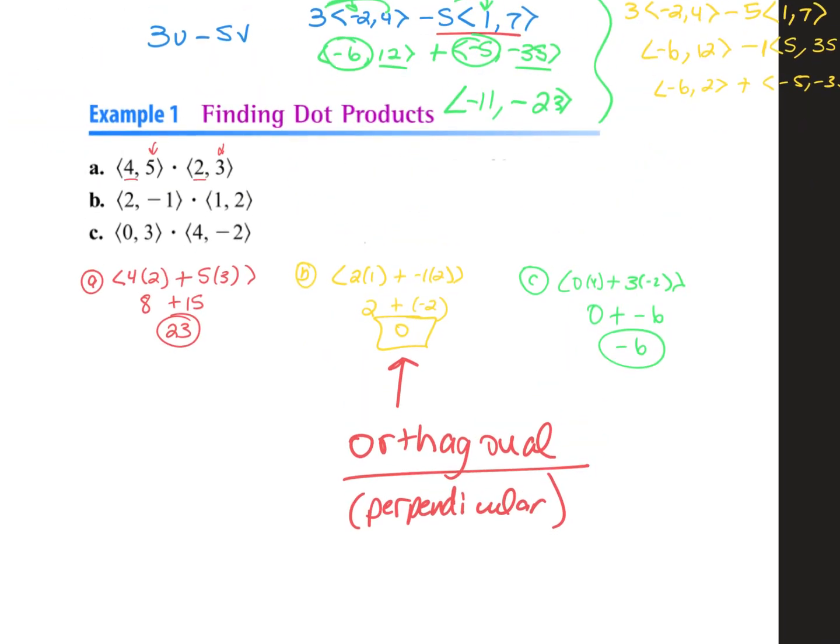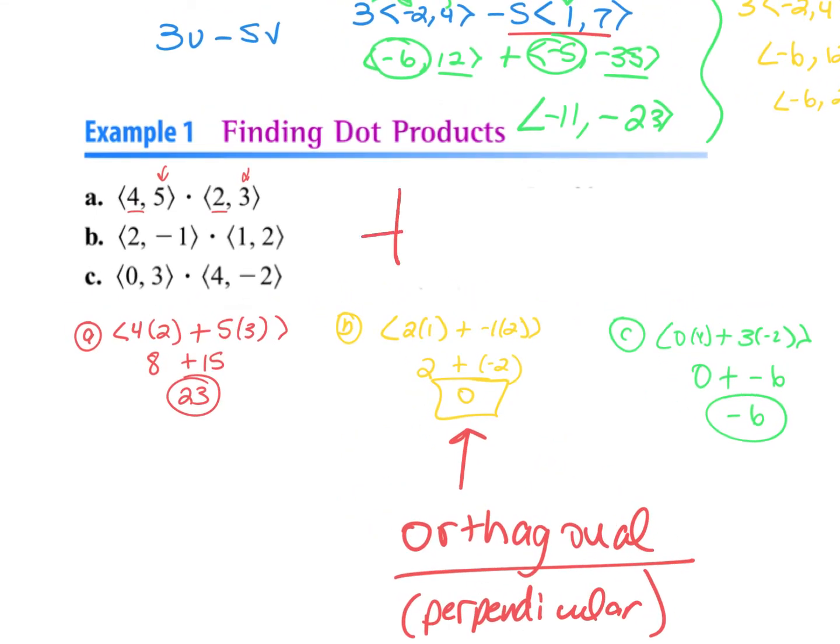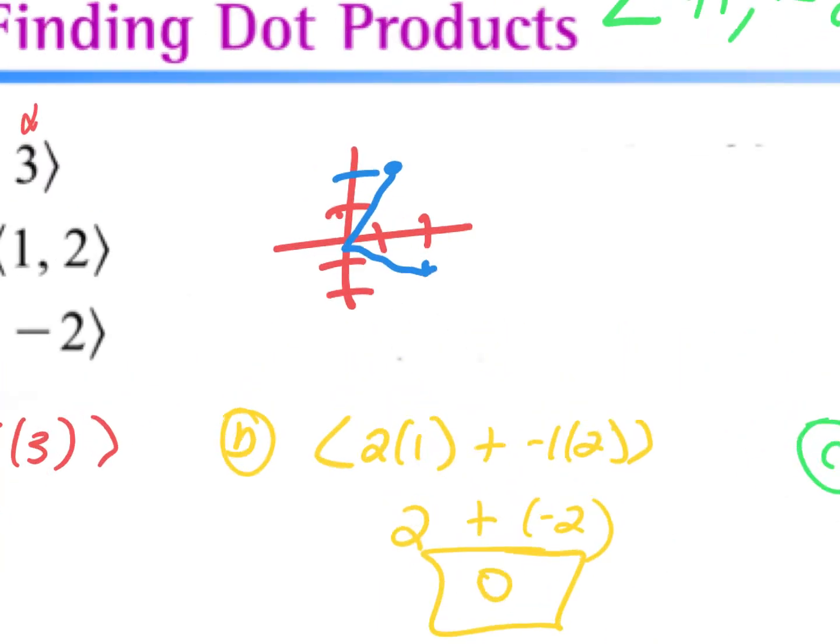Now, if you were to graph this, think about this. From the origin, my first vector is 2, negative 1, and then the other one is 1, 2. Pretend that my drawing is amazingly perfect.